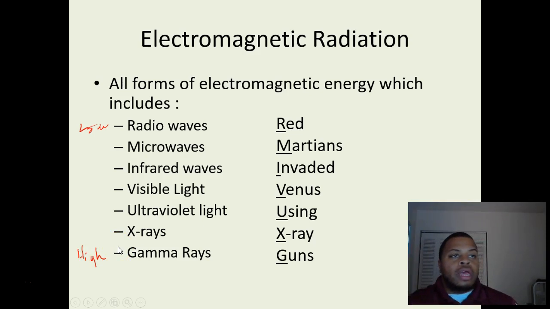Now, one of the ways that you can remember these different types of waves, we have 7 different types, is to remember the following mnemonic. Red Martians invaded Venus using X-ray guns. This is actually going to come in kind of important in the next couple of slides, and you'll understand a little bit why.